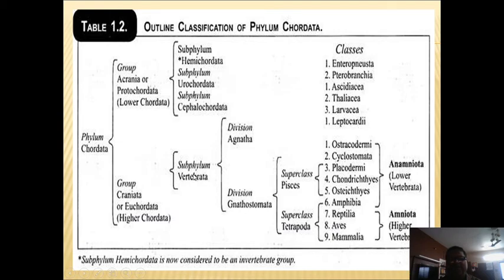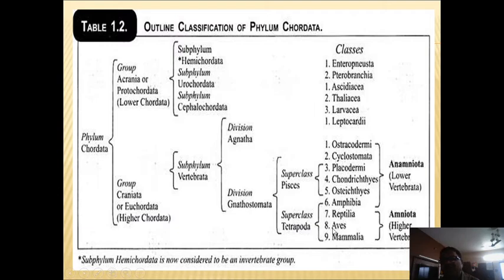Particularly, vertebrates are divided into seven classes. They are the cyclostomata, chondrichthyes, osteichthyes, amphibia, reptiles, aves, and mammals. The first three, cyclostomata, chondrichthyes and osteichthyes, are considered Pisces or fish, whereas the remaining four, amphibia, reptiles, aves and mammals, are very important.